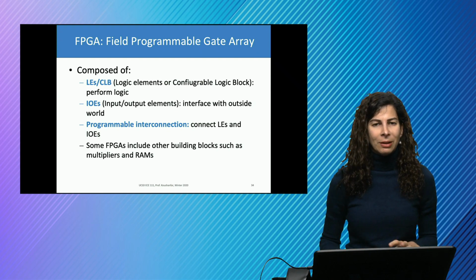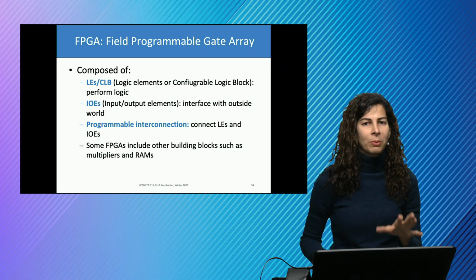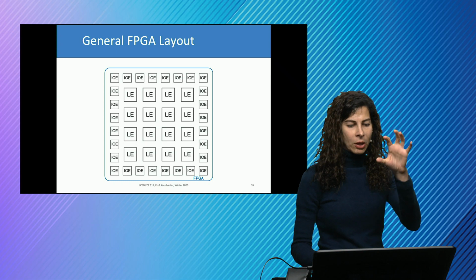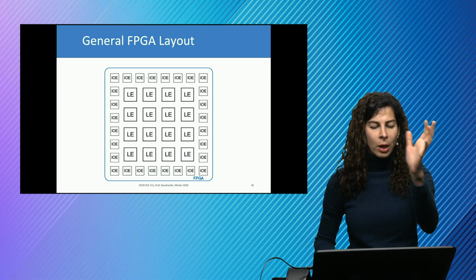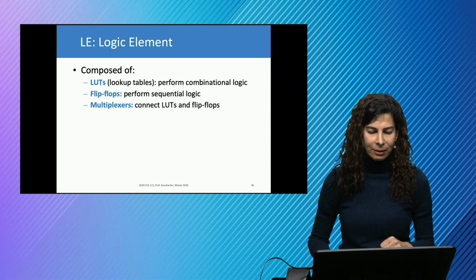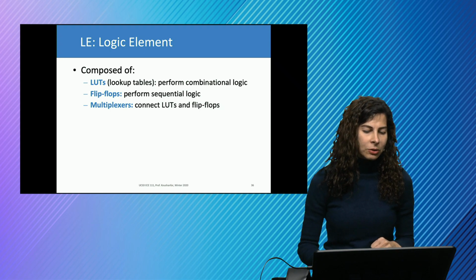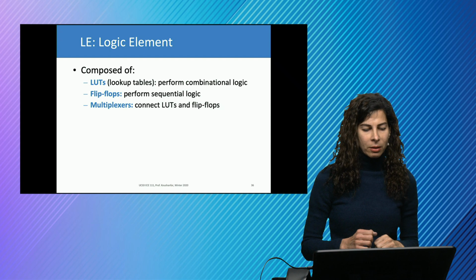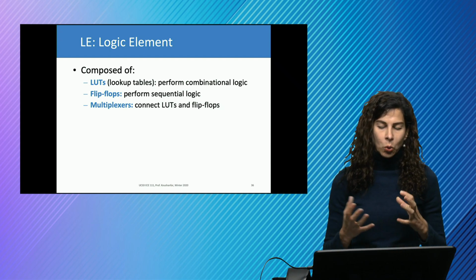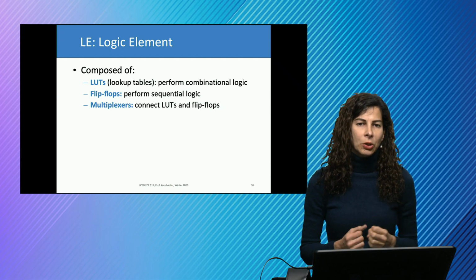But for the purposes of this class, we're just going to focus on the most basic model of an FPGA, which I'm showing here. We have the logic elements, the I/O logic that connects to them, and the interconnects that are connecting those. The LUTs, or lookup tables, are flip-flops and multiplexers. Flip-flops are storing the values of the combinational logic.